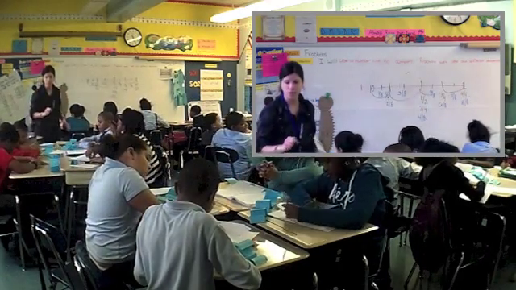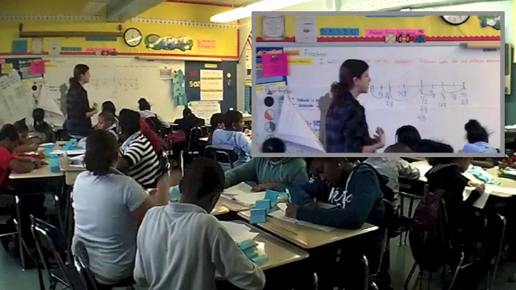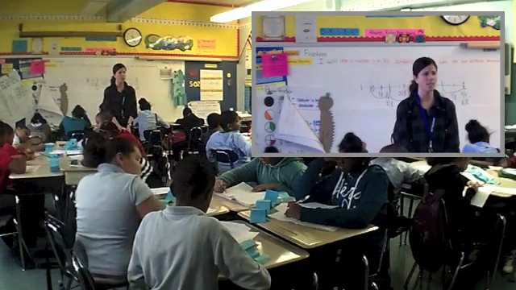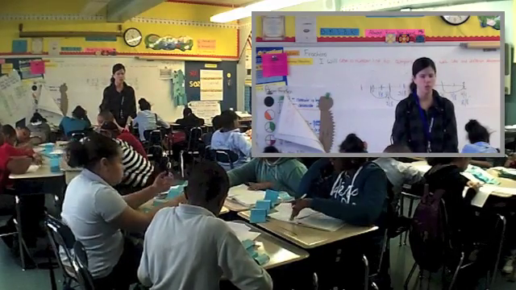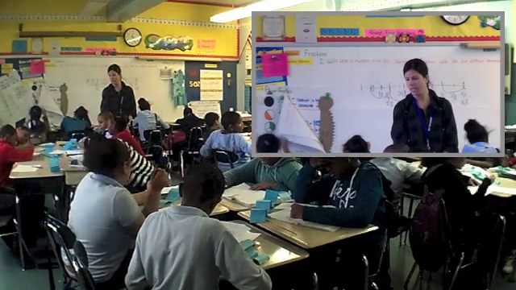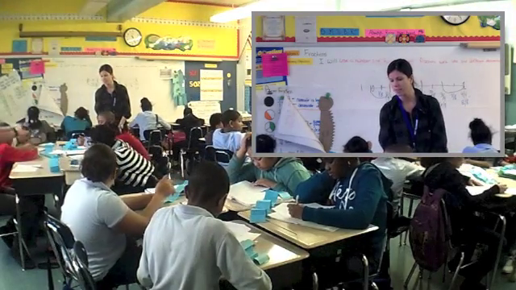It's a 6. Be careful. So it's 6 eighths. It's cut into 8 parts total, and the little circle is at 6. So your fraction is 6 eighths.